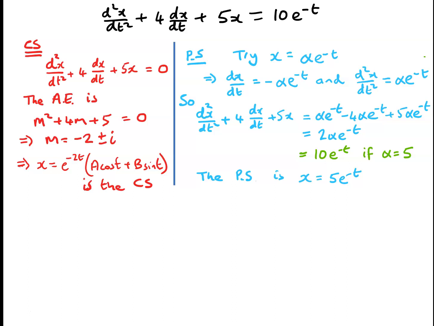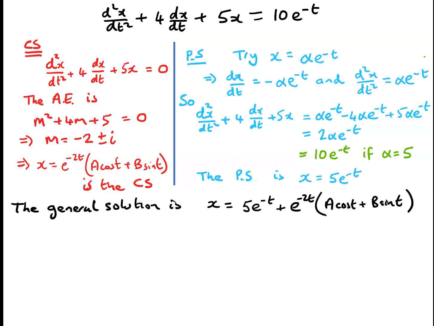This means that the general solution of the differential equation is given by the particular solution plus the complementary solution. So we've got x equals 5e^(-t), that's the particular solution, plus e^(-2t) times (a cos t + b sin t), which is the complementary solution.